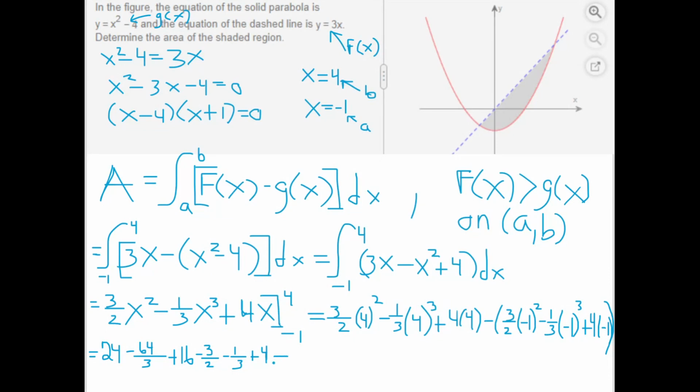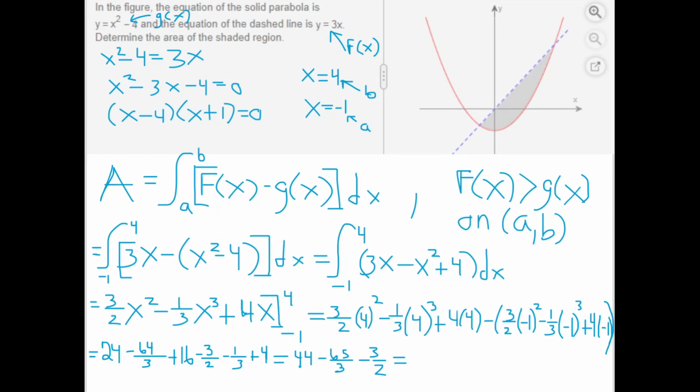That's going to equal 24 plus 16 is 40, plus 4 is 44. We've got minus 64 over 3, and minus 1 over 3 is minus 65 over 3. And then we have minus 3 halves. That's going to equal, we're going to need a common denominator of 6.